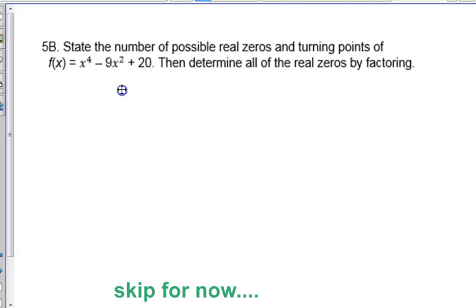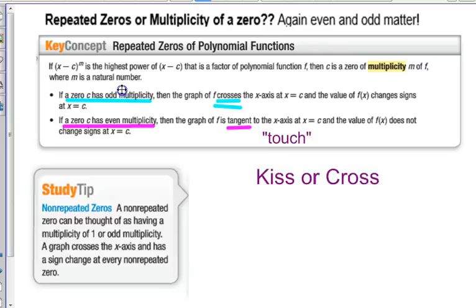I'm going to skip this one for right now because I want to talk about multiplicity. We talked about this a minute ago, but it says up here, x minus c to the power of m. If x minus c is a factor of the polynomial, that m is called the multiplicity of the 0. If it has an even multiplicity, it's tangent to the x-axis.